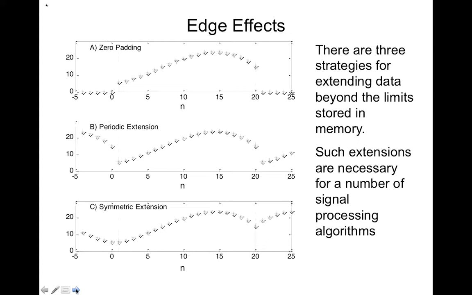And so what that looks like is, there's a sharp discontinuity between beginning and end. And so rather than looking like the shape of the signal, it looks like the shape of the signal multiplied by a rectangular window. So there are a couple of strategies for how you can extend the data beyond what you can just store in memory.